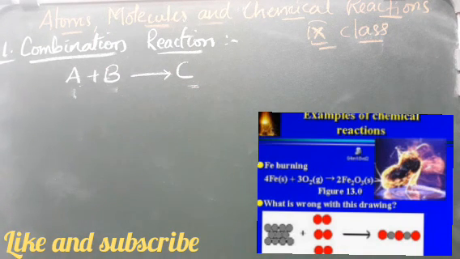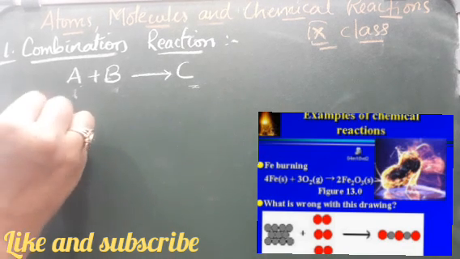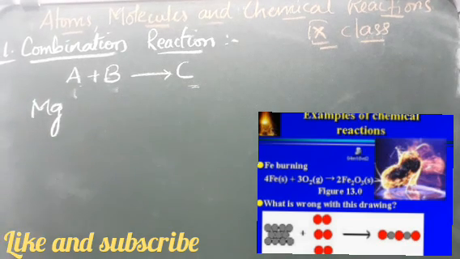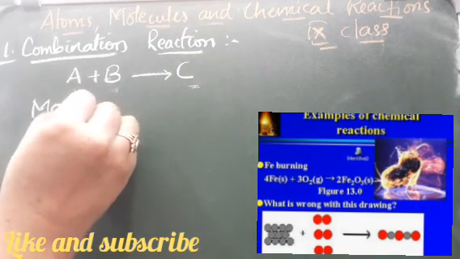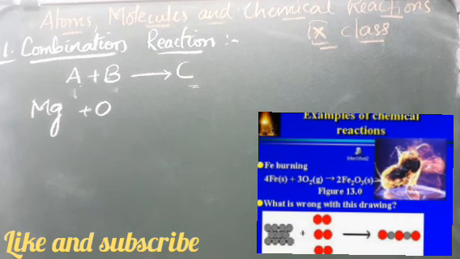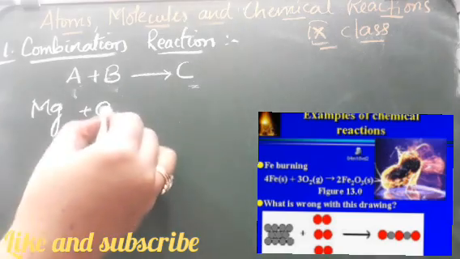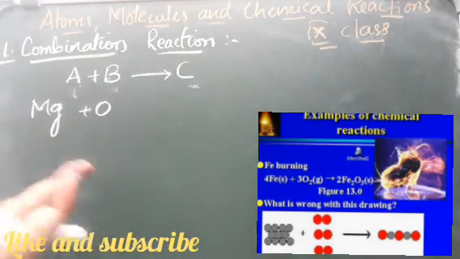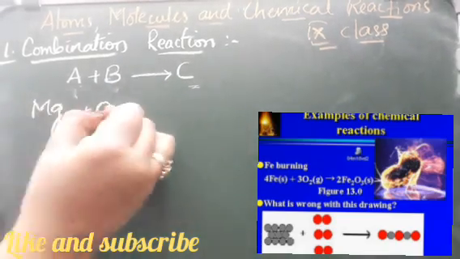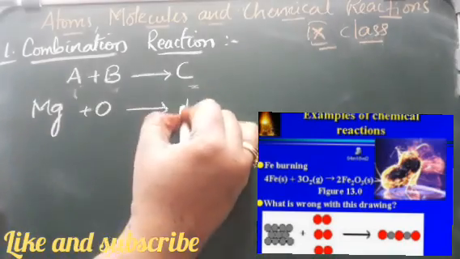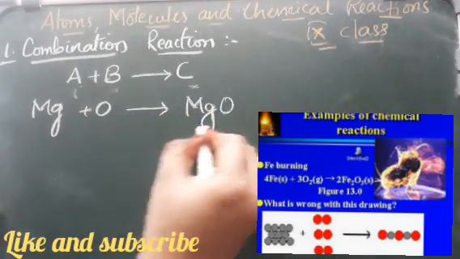For example, we take a magnesium ribbon and burn it in the presence of oxygen. When the magnesium ribbon, rubbed with sand, is burned with a Bunsen burner, you will see that magnesium reacts with oxygen present in the atmosphere and gives magnesium oxide, a new product.